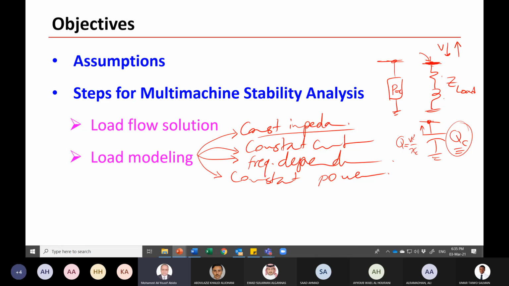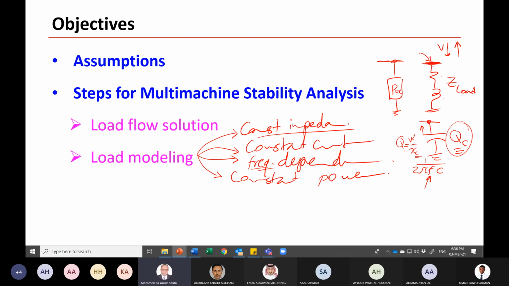So if the voltage is changing, then Q also is changing. It's not constant. It could also be frequency. XC equals 1 over 2πfC, so this is also frequency dependent, and so on. So there are a lot of ways to model the load.